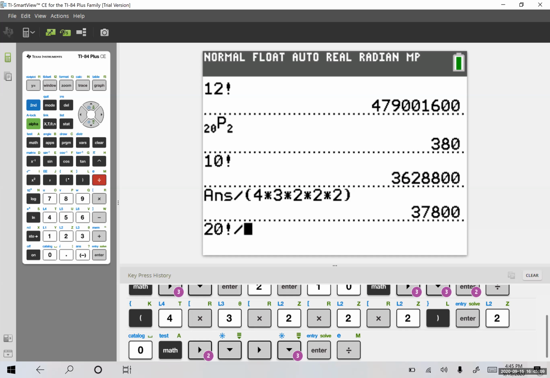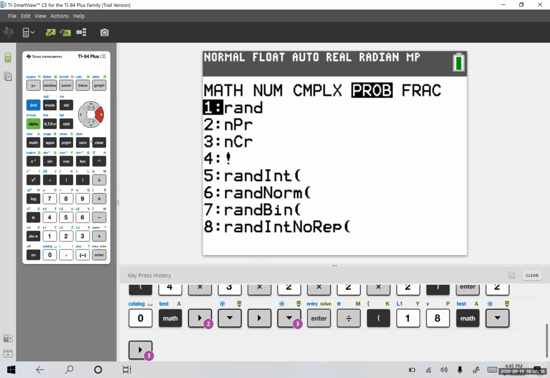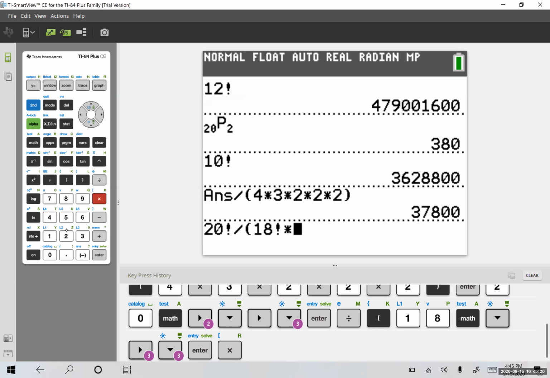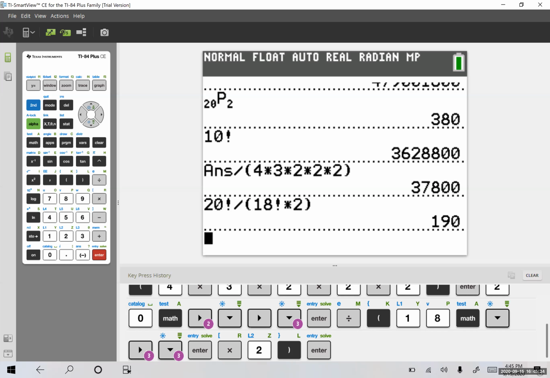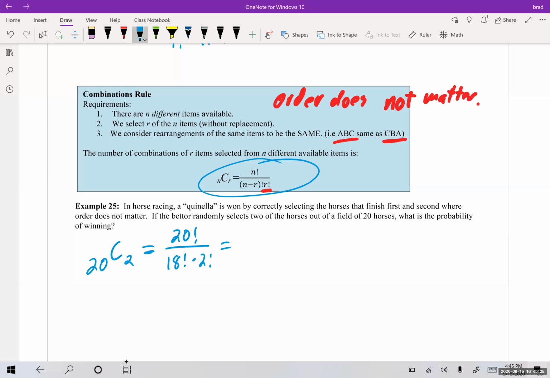Divided by parentheses 18 factorial, times 2 factorial, which is just 2. And we get 190, which is half of the 380 from the last one because of this extra 2 factorial. So this is 190, okay?